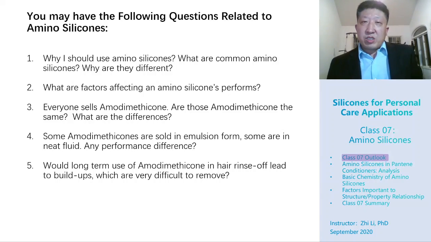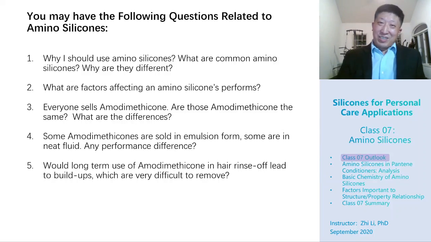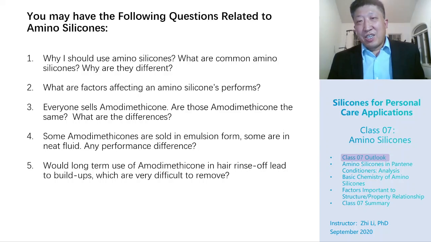So how are we going to organize this class? This is what I thought. I would rather talk about the end products, and the company that has been doing a very good job of using aminosilicone is actually P&G. Sorry, I'm not working for P&G.